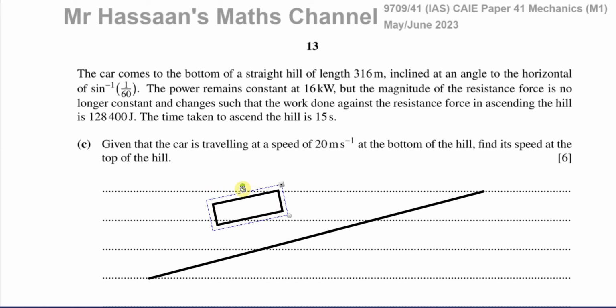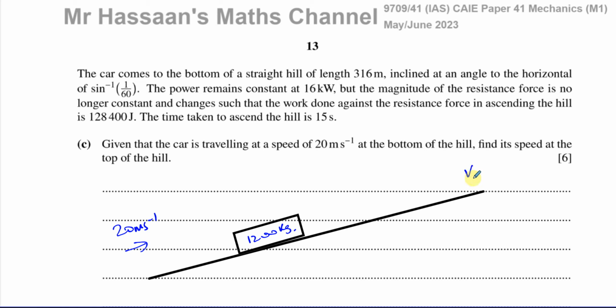It's 1,200 kilograms, of course, same weight. At the bottom of the hill, it's moving at 20 meters per second. We want to find its speed at the top of the hill, which we're going to call v. That's what we have to find here.